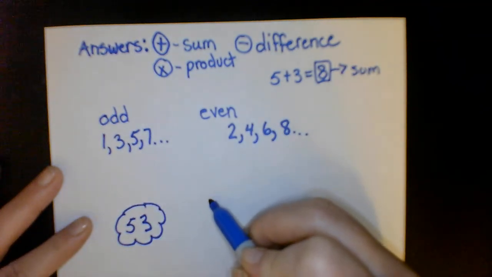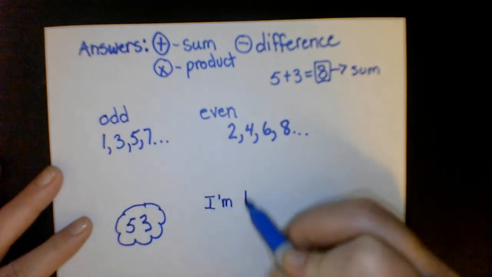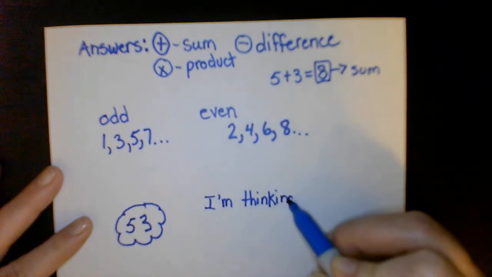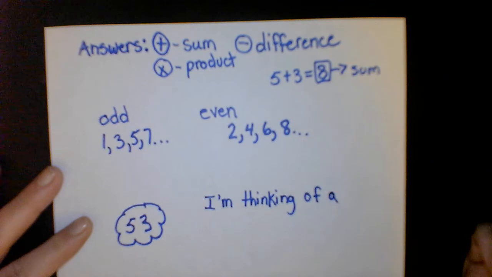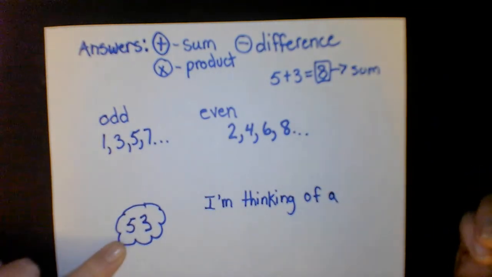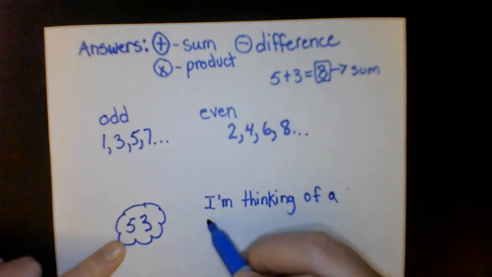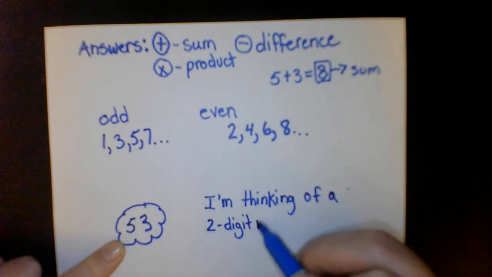So this is the number I'm going to be getting people to try and guess. And you can look back at yesterday's problem to see some of the wording. I think we started with, I'm thinking of a, now because I'm using 2-digit, then I'm going to say of a 2-digit number.